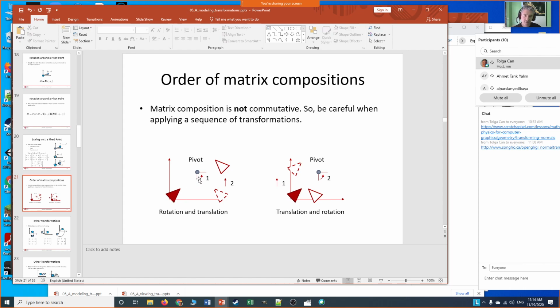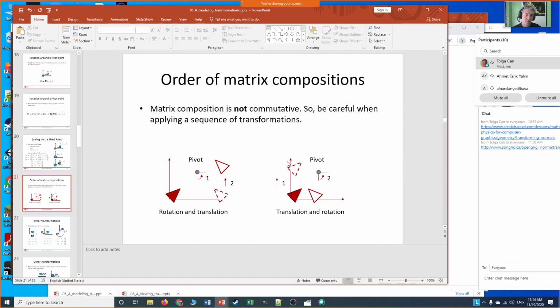Now the transformations are exactly the same. Translate in the y direction this amount and rotate around the pivot point 90 degrees. If we perform the rotation first and then move later, the triangle will be here. But let's try the same thing in reverse order. Translate first and then rotate 90 degrees. The triangle is going to be here.